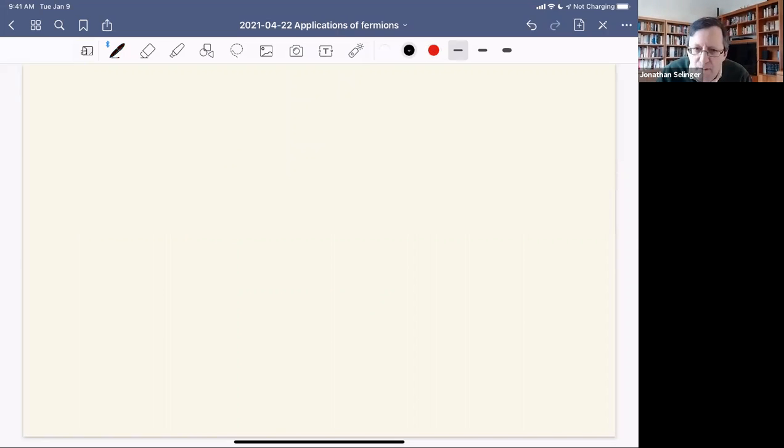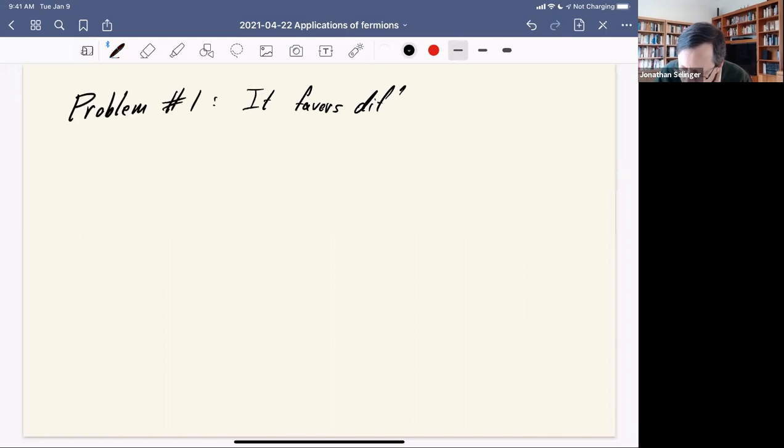Okay, there are 2 problems with that explanation. Okay, so problem number 1 is that it favors different alignments depending on the relative positions.